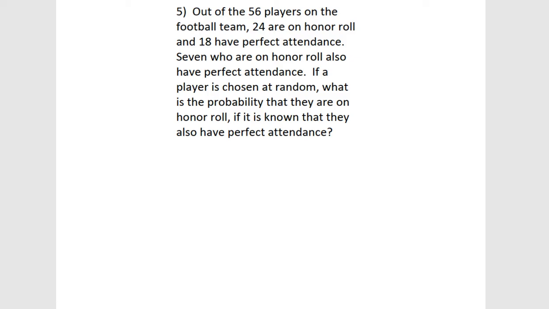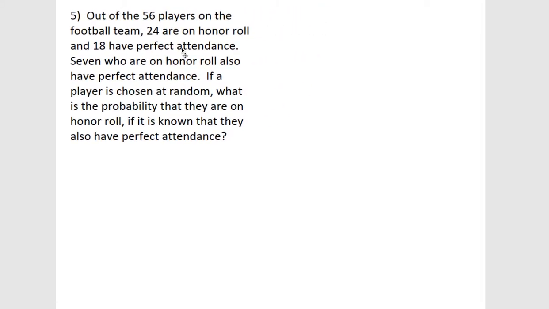All right, number 5. Again, this is another example, just like the previous one. Out of the 56 players on the football team, 24 are on honor roll and 18 have perfect attendance. Again, this doesn't mean that all 56 players on the football team have to be categorized.